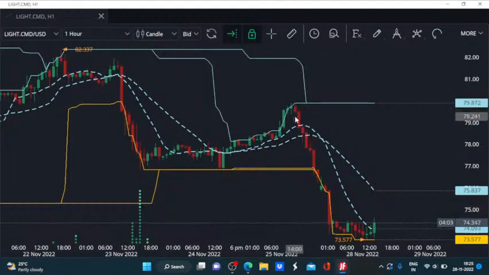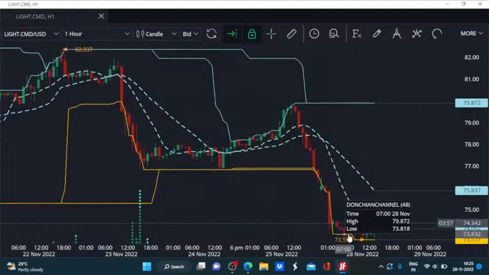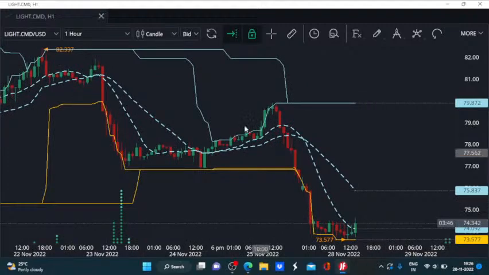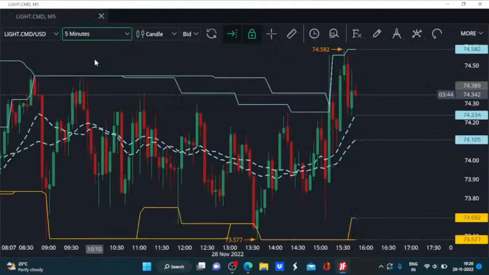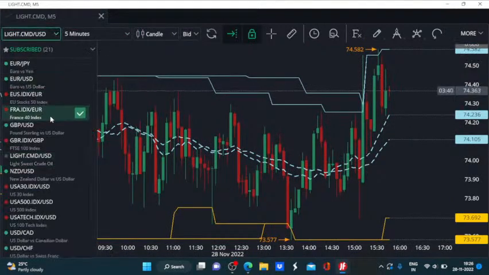If we go by its prior price formation, after this decline of almost 6 to 7%, it seems to be consolidating on the lower side with not much buying momentum. So we should stick with the trend, and as and when we get the opportunity to go short, that should be exploited. So we have to see which one is the strongest and which one is the weakest of the light crude and the Brent.